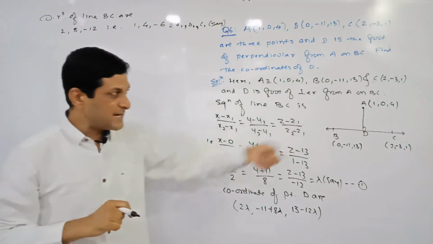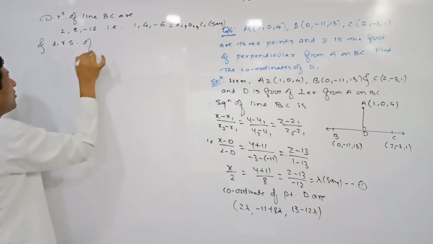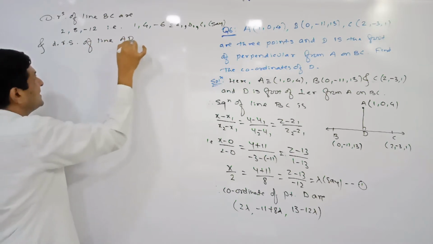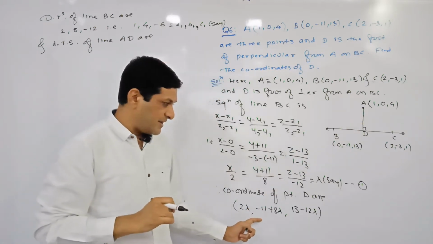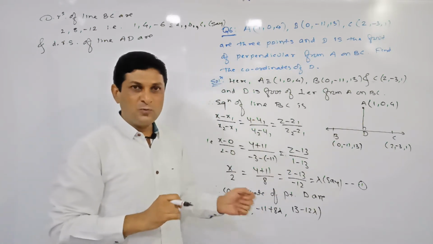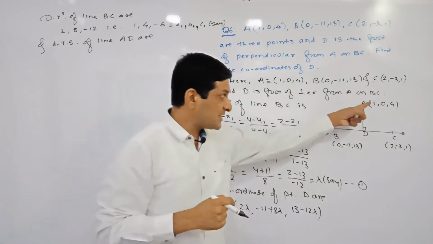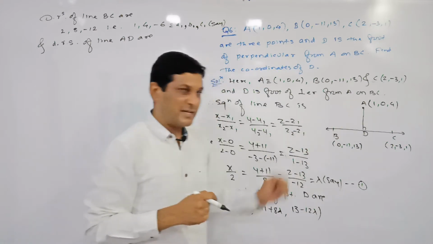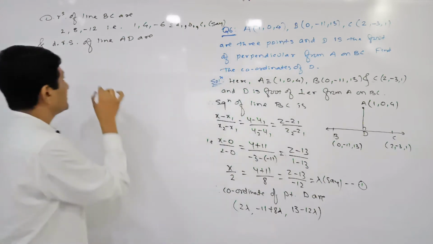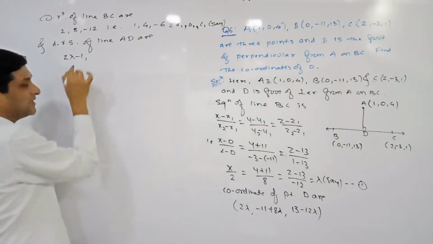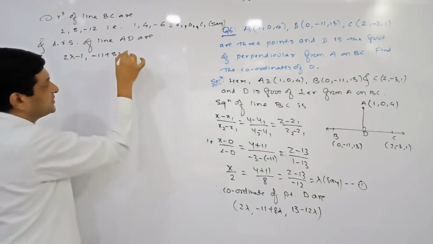Now we are trying to find the direction ratios of line AD. Here the coordinate of point A is given to us, and just now we have got the coordinate of point D. If the coordinates of 2 points on a line are known, direction ratios can be found as x2 minus x1, y2 minus y1, z2 minus z1. The value of x2 minus x1 is 2 lambda minus 1. y2 minus y1 is minus 11 plus 8 lambda minus 0.